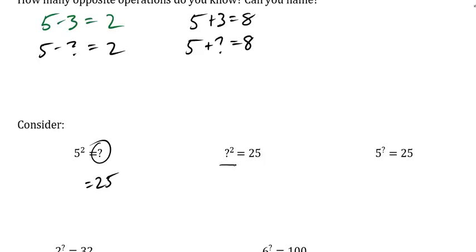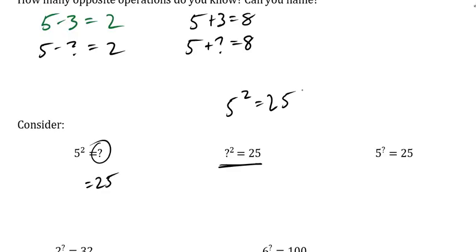Now you can all evaluate this. It's kind of the same question, but what operation is this, if I move the question mark? So this is what I'm getting at. 5 squared equals 25. There are 3 places that I could put the question mark in an expression like this. If I put it here, that's the first one you learn.